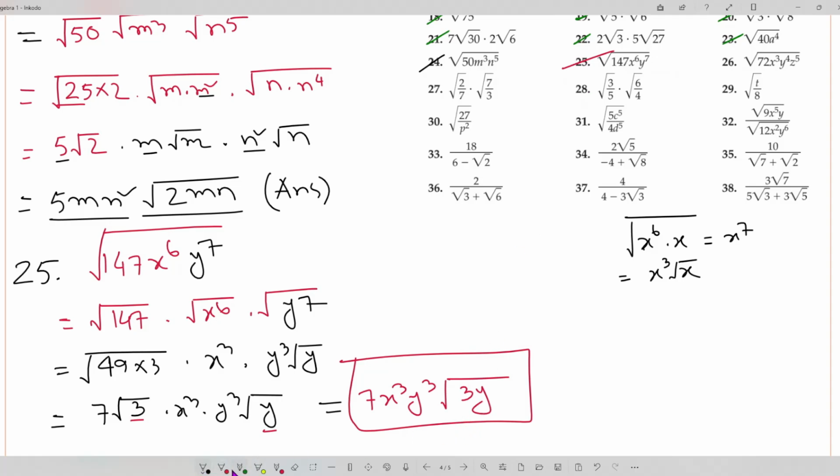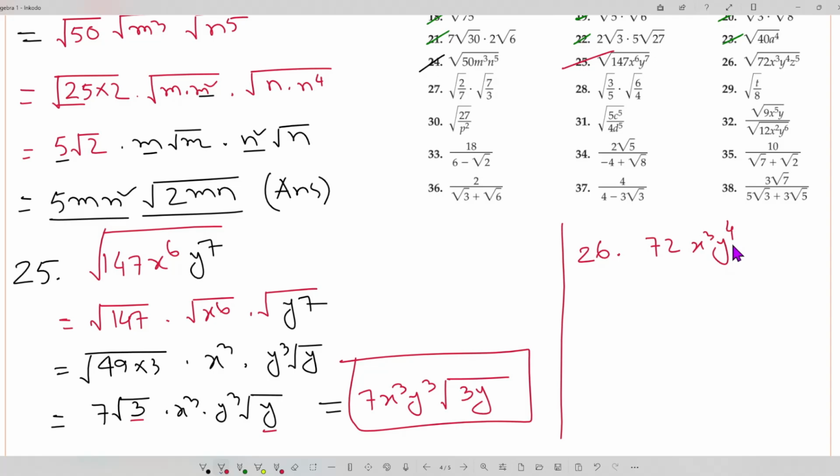Now we try to solve number 27. So this one no need, we can omit this one, right? Now here we can solve 26. Here is square root of 72 x cube y to the power 4 z to the power 5.